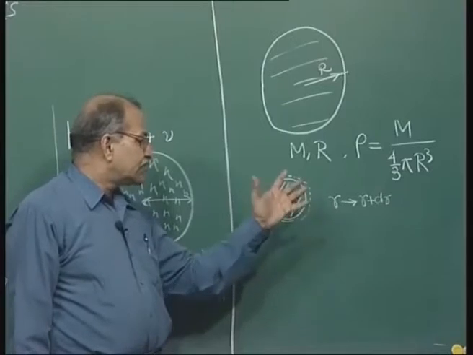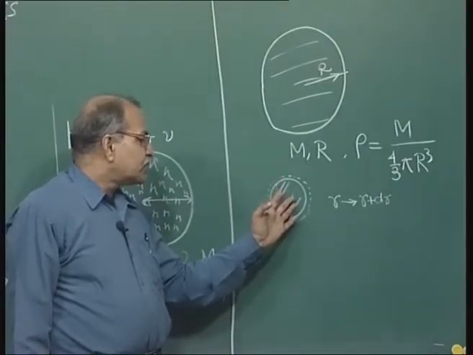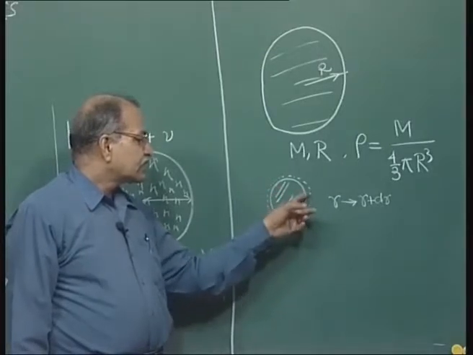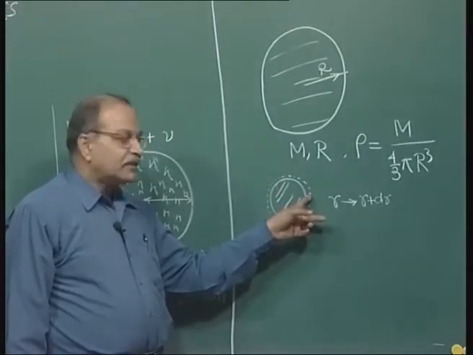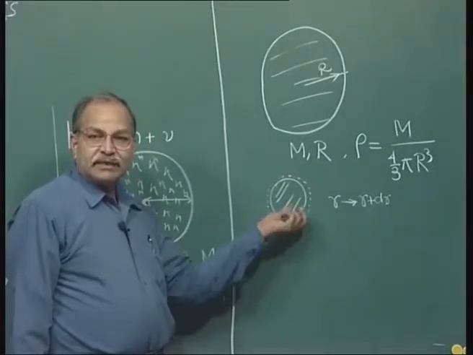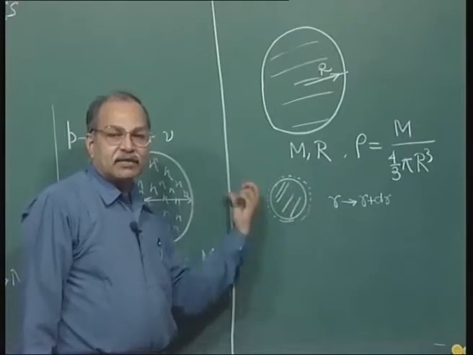That is easy to calculate. Calculate the potential of this sphere at the surface, and then multiply that potential by the mass that you are bringing. That is the potential energy of that particular layer.